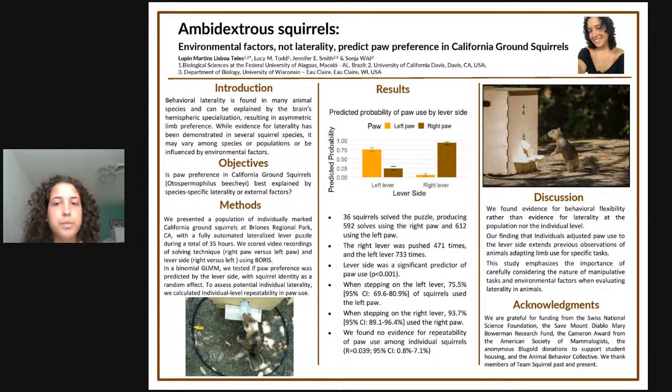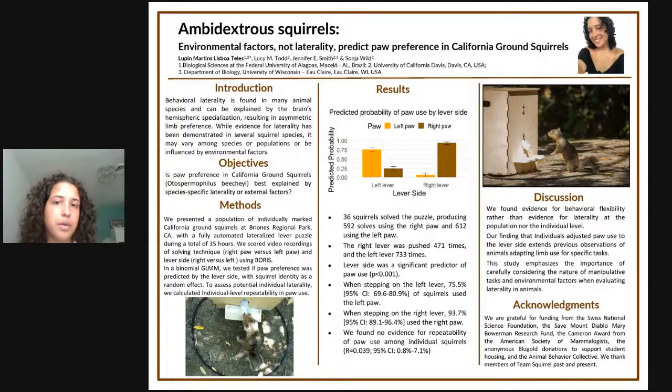The right lever was pushed 471 times, while the left one was pushed 733 times. As said before, the lever side was a significant predictor of the paw use, with a p-value of less than 0.001.